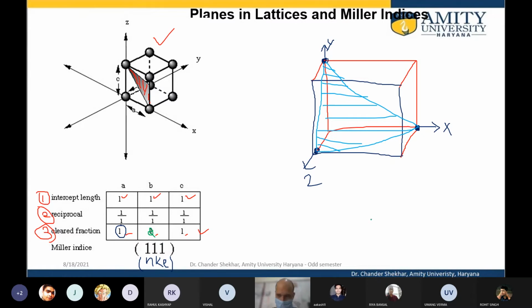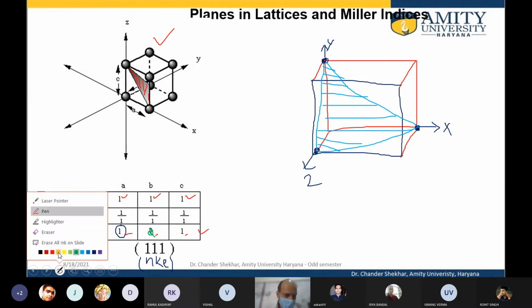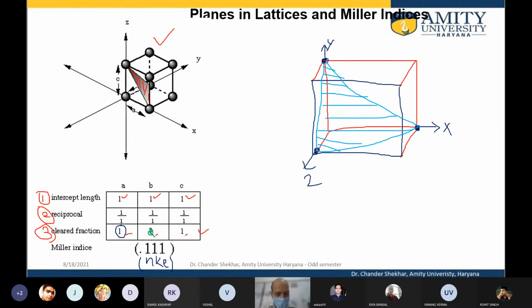In Miller indices, if you need to fit that plane in one unit cell, along the x-axis it intersects the same point, along the z-axis it intersects the same point, because the Miller index is 1. So 2 along the y-axis means this plane bisects, because there are 2, it divides the y-axis unit length into 2 equal parts.